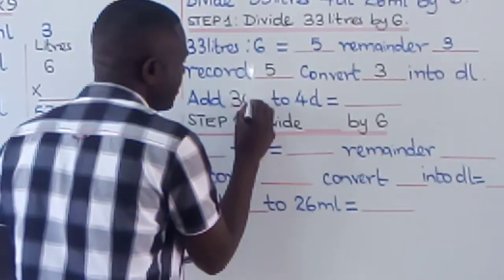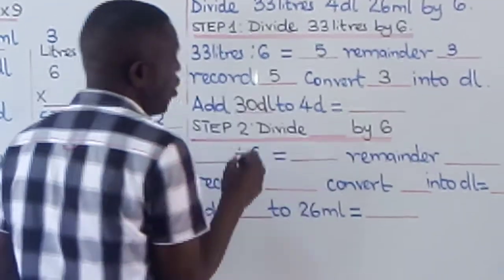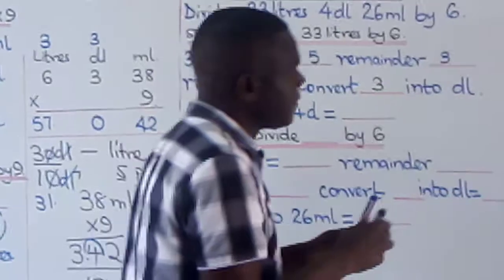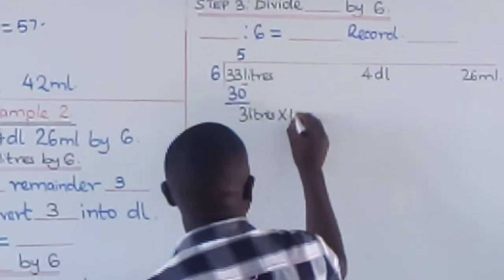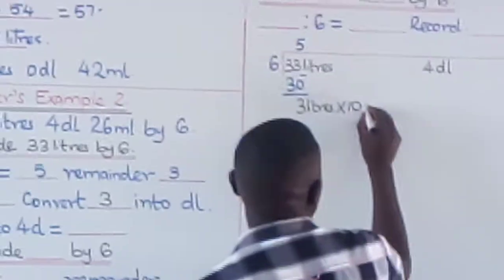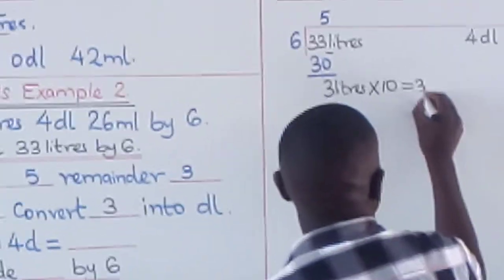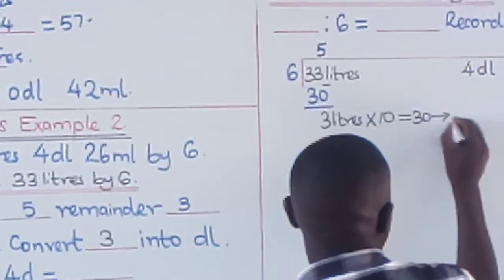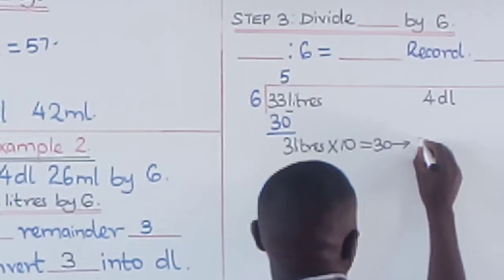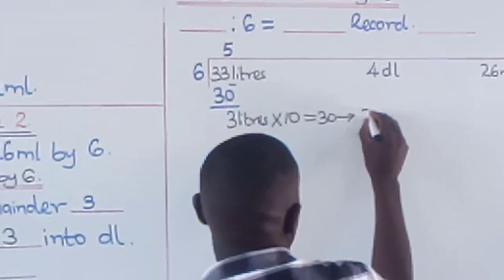30 deciliters. We add. So we have multiplied by 10, and then we say the answer is 30. So we take that 30 here and add to 4.